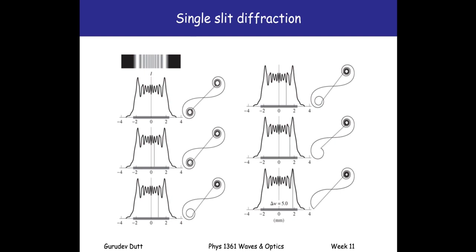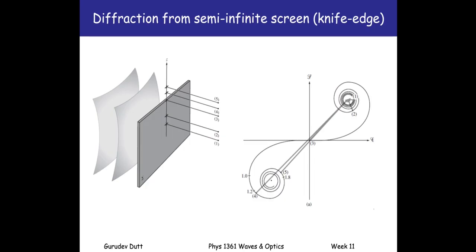And as we'll see in the next slide or so, the pattern that we are starting to approach here on either side is going to look like a superposition of 2 knife edge patterns. So a knife edge on the left-hand side and a knife edge on the right-hand side. And they don't really worry so much about the fact that there is another edge somewhere away, because it's starting to look like an infinite distance away from that first knife edge.